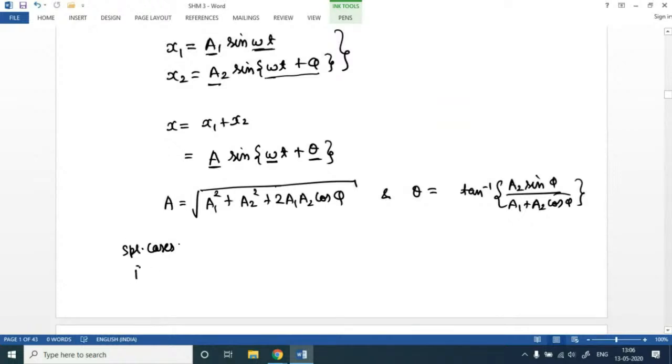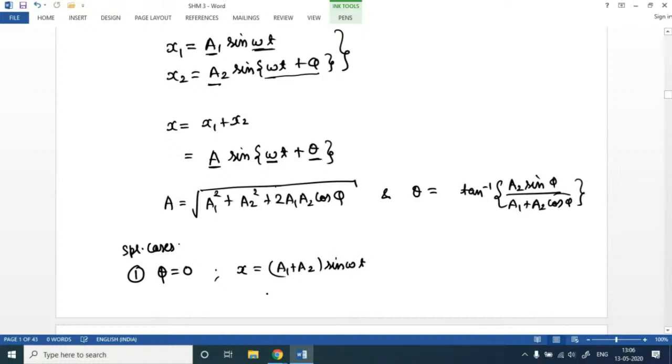For example, the first one, if phi is equal to 0, it means there is no phase difference between these two. So the resultant SHM x simply will be a1 plus a2 into sine omega t.